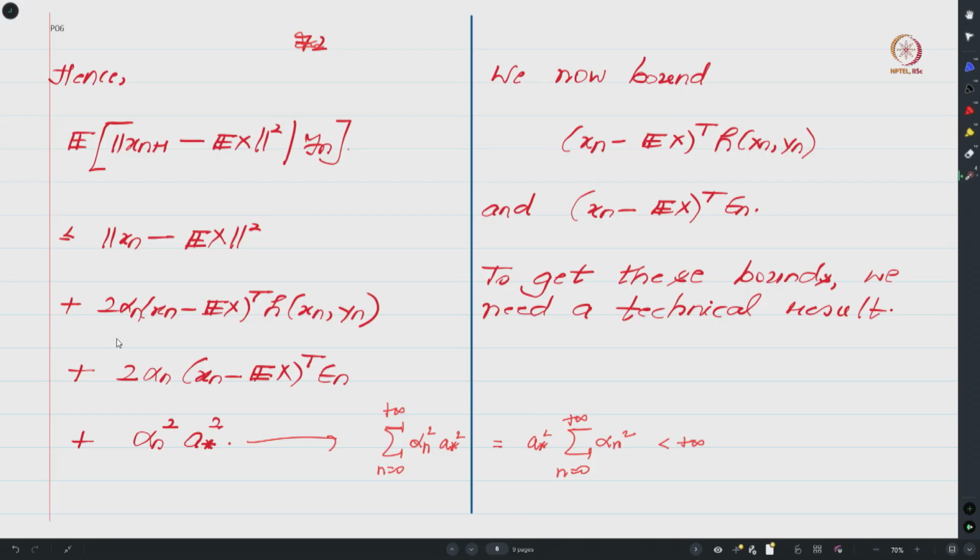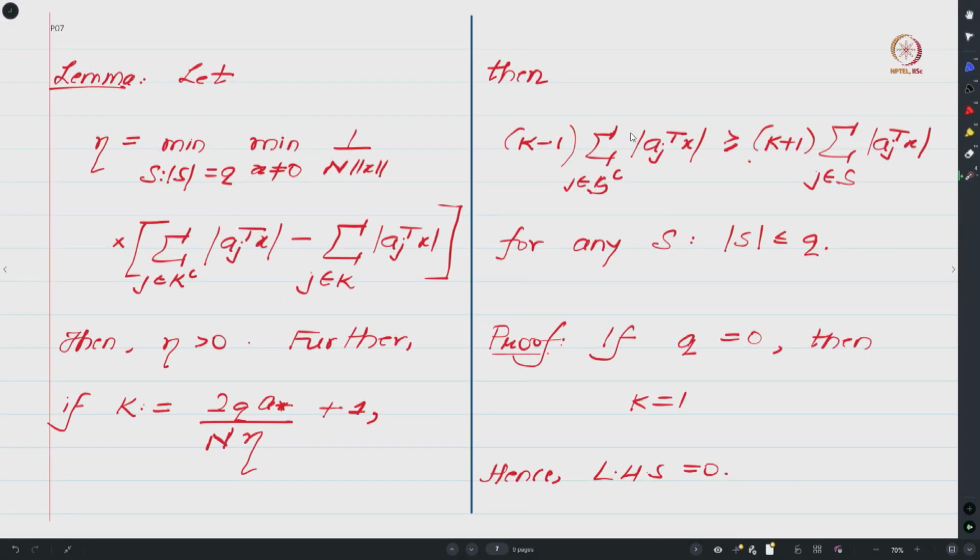So whatever we end up doing should enable us to apply this Robbins Siegmund theorem. To derive bounds, especially on this expression, we need a technical result, and in today's class we will majorly focus on this technical result, and in the class that follows we will make use of this technical result and try to derive a bound on this expression over here.